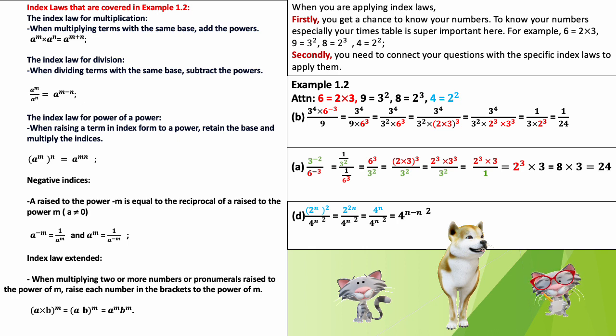According to the extended index law, when multiplying 2 or more numbers or pronumerals raised to the power of m, raise each number in the brackets to the power of m. So we can rewrite bracket 2 times 3 bracket cubed as 2 cubed times 3 cubed. That comes to the fourth step.